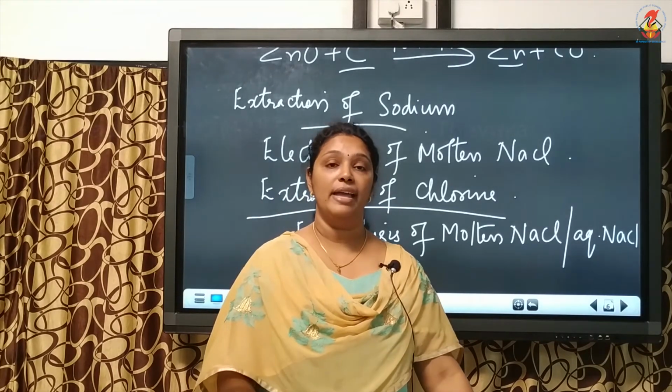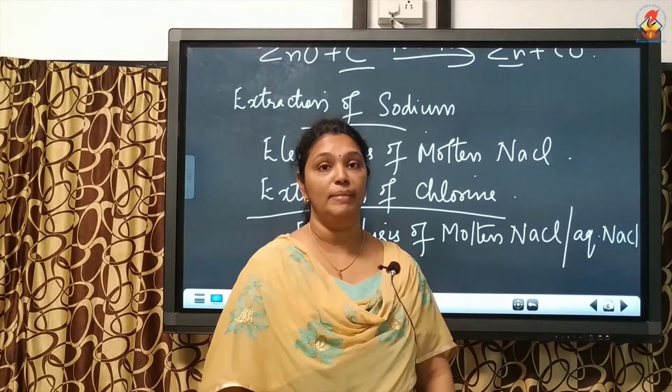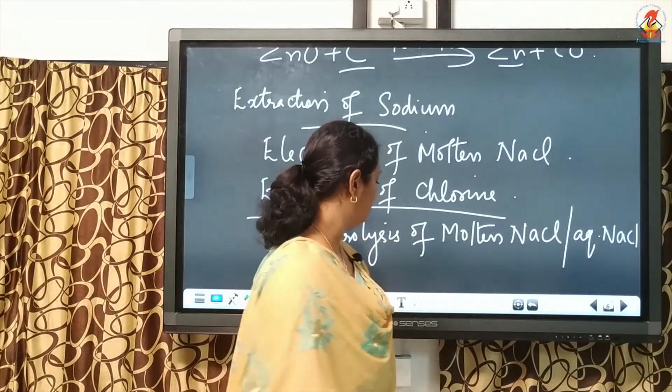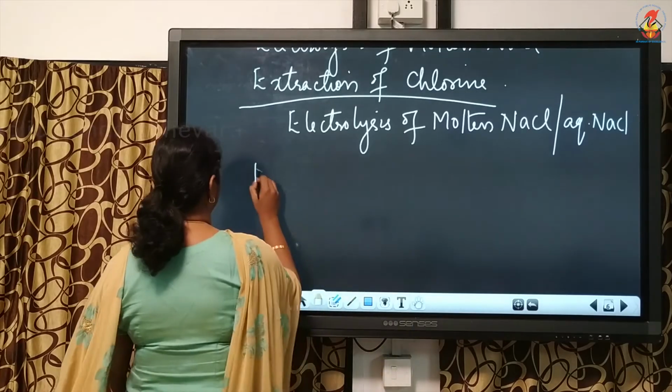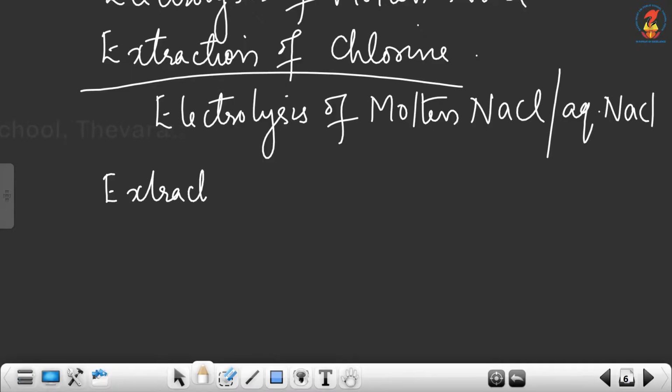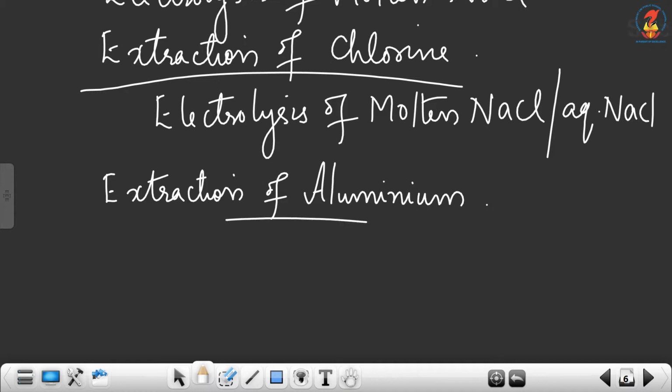Now next is the extraction of aluminium metal from bauxite. And this process is also called Hall-Héroult process.